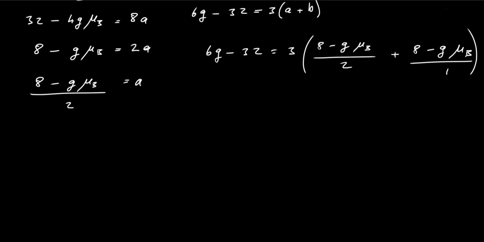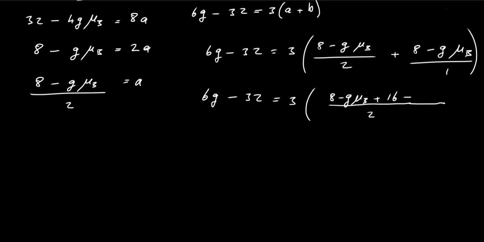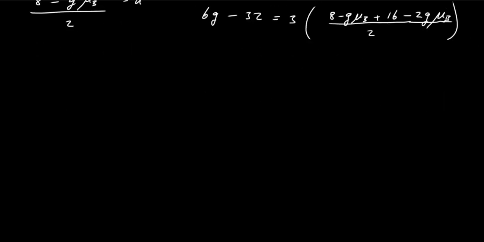So let's take 6G minus 32 is equal to 3 times, let's add these two equations anyway. So we got 2 here, so that's 8 minus G mu B, plus we've got to double this, so it's plus 16 minus 2G mu B. Okay, so let's just simplify this a little bit.